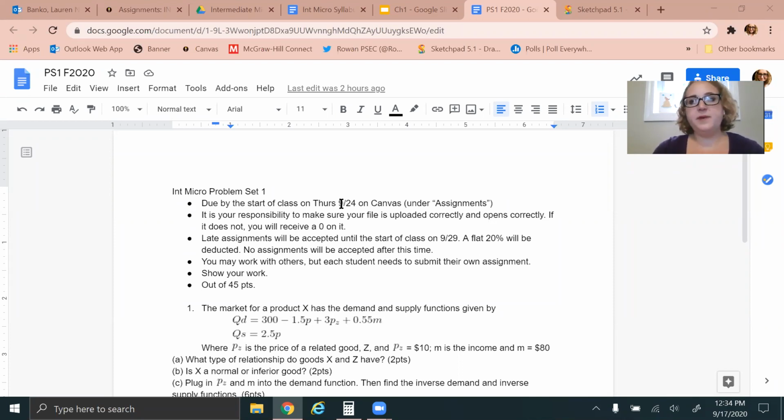There will be a flat 20% deduction on any late assignments. But after the 29th, I'm not going to accept anything late. That's just because we're going to be going over the assignment in class, and I want everybody to have it in already. You may work with others, but you need to submit your own assignment.